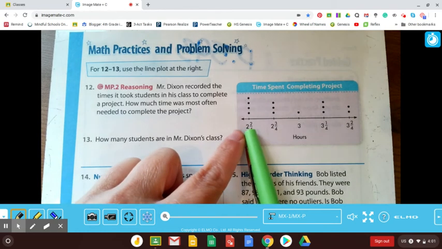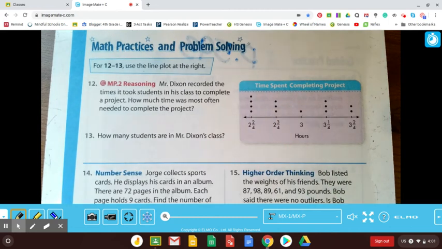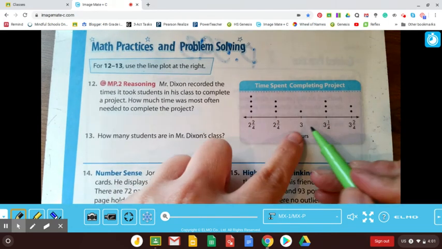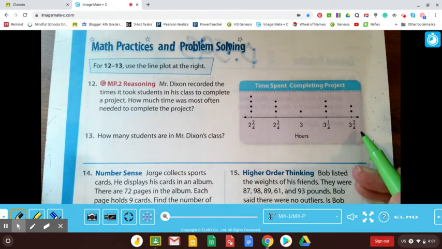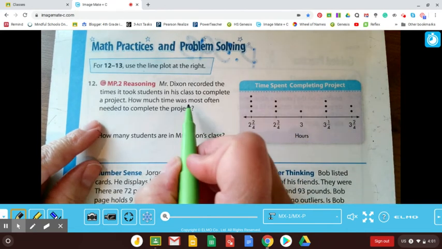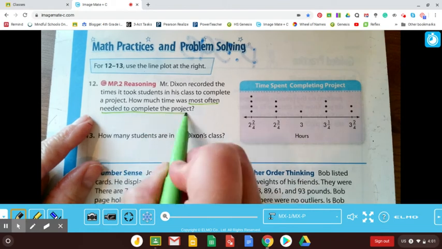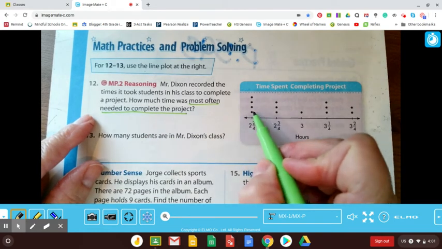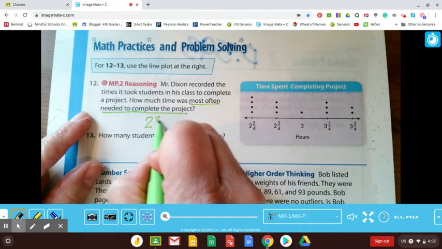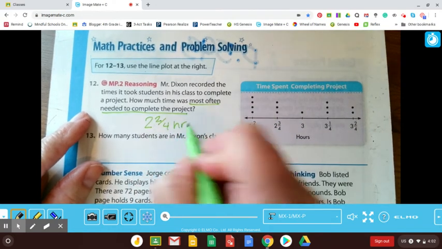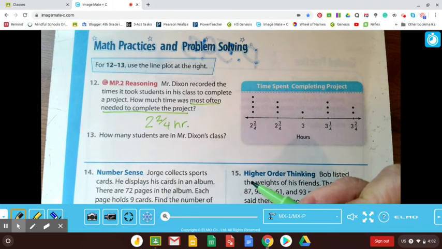So, some students did it in 2.5 hours. One kid, it took him 3 hours. 2 kids, it took pretty long, 3.5 hours. So the most often needed time was, if you look up here, there's 4 dots. The most dots are above 2 and 2/4 of an hour. So I would say that was the most common, right?